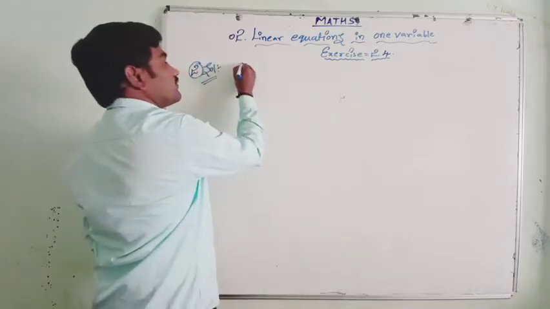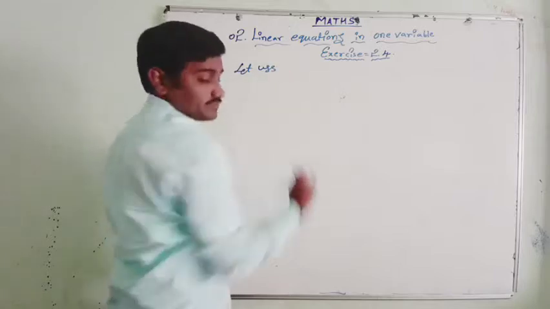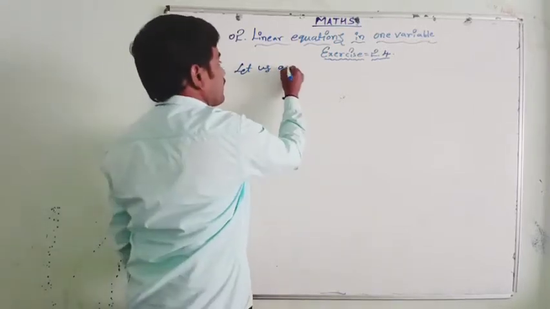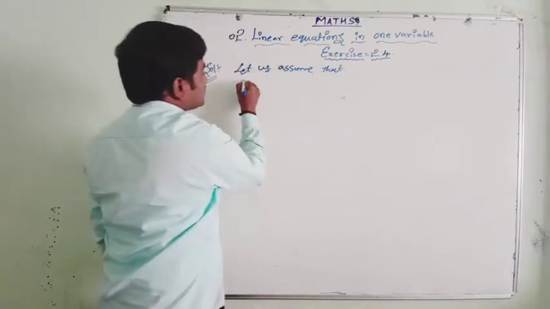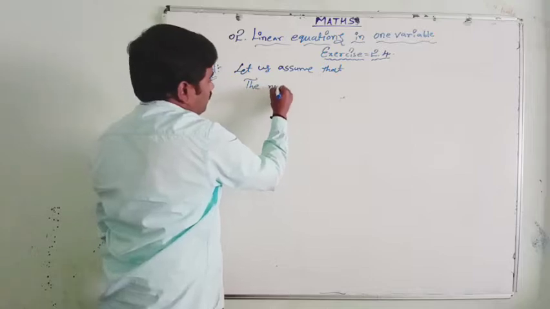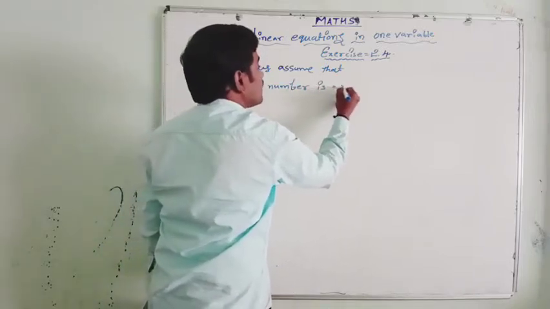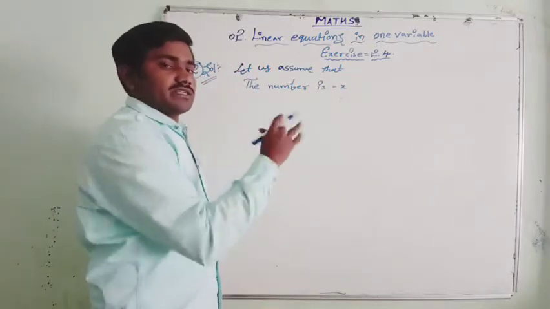We don't know what the number is, so let us assume first that the number is x. We don't know what the number is, so the number is x.